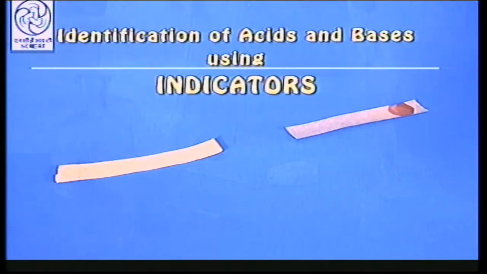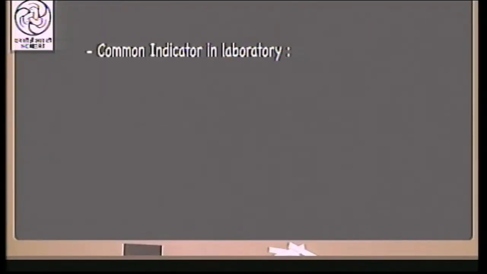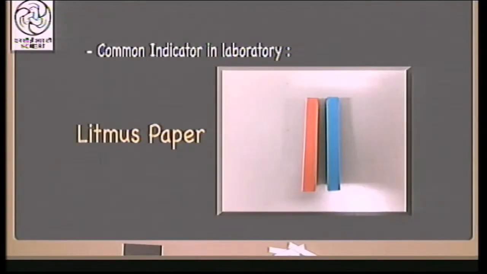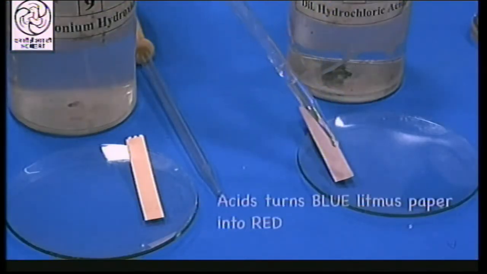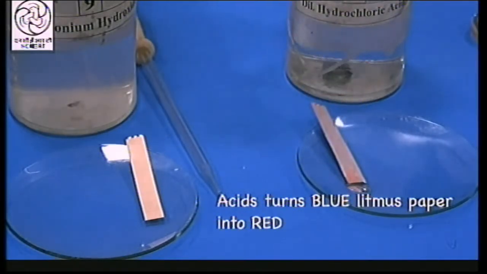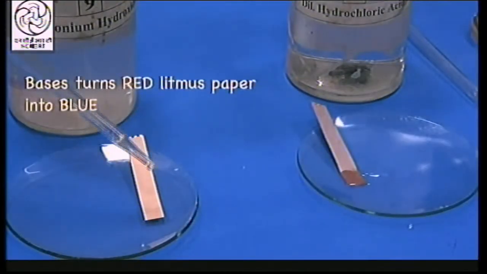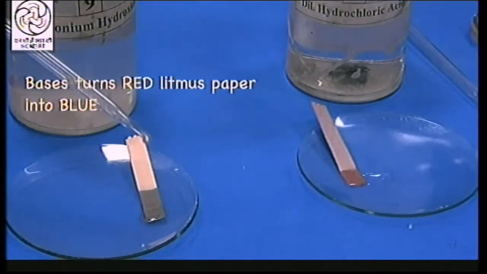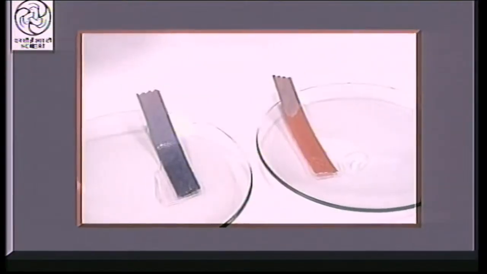This video will show you how the natural and the synthetic indicators show different colors when they are treated with acids and bases. So play video 1, that is natural and synthetic indicators.